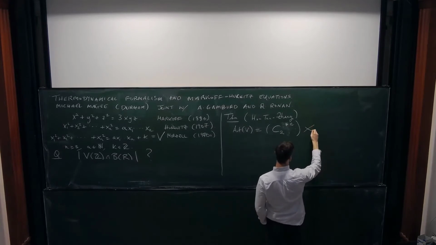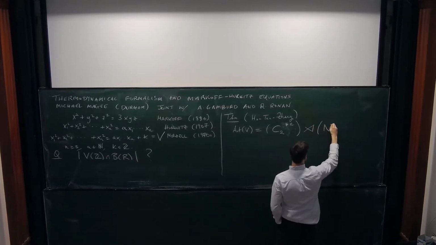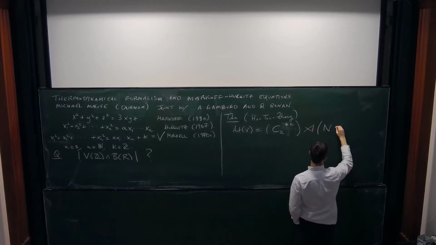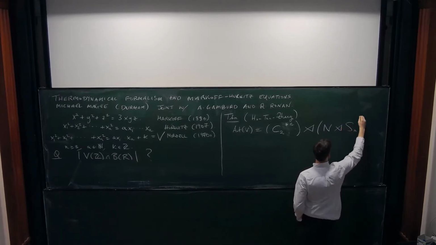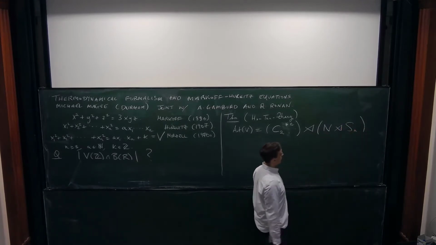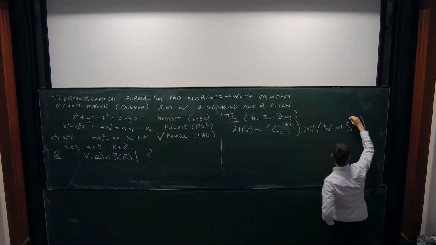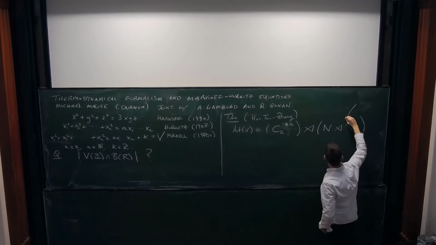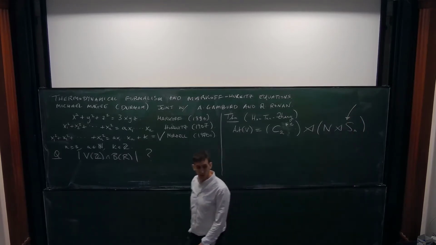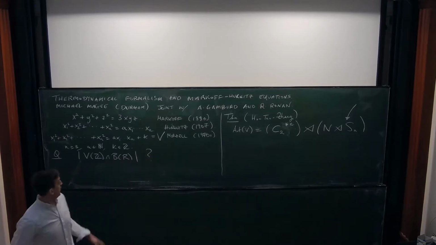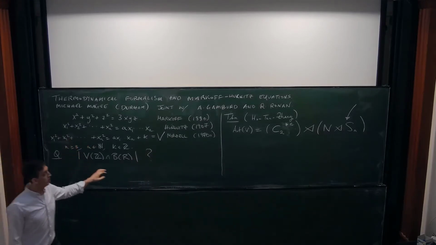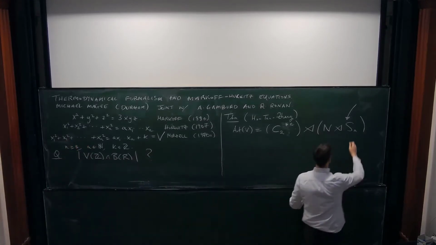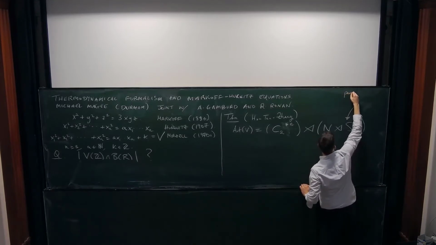So this is a semi-direct product with a finite group, which is itself a semi-direct product of two finite groups. Sn is a permutation group on n letters. The way that acts is just permuting the coordinates. This is permutations of coordinates.